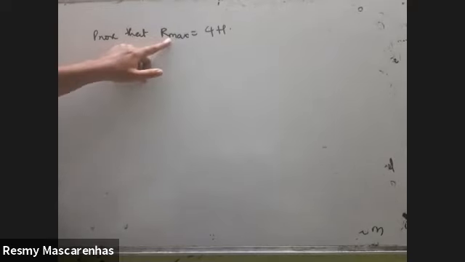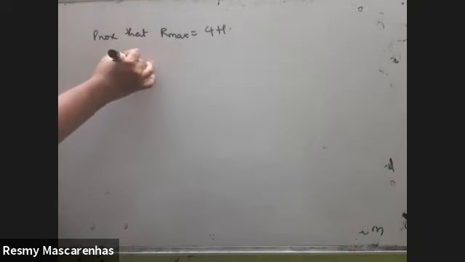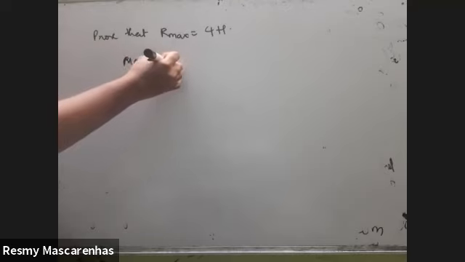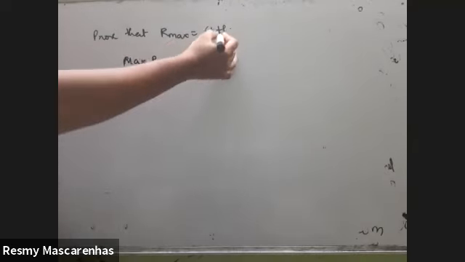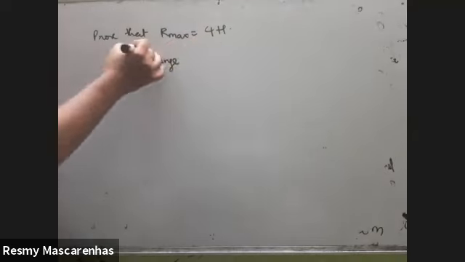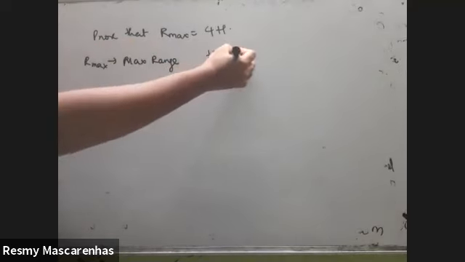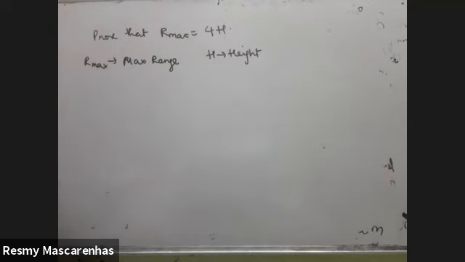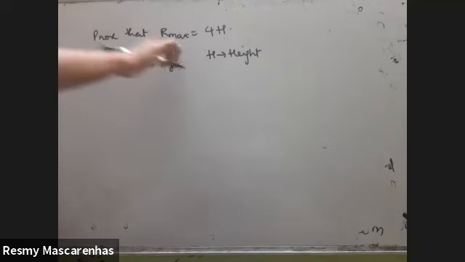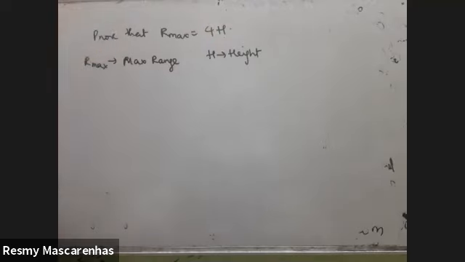Now this is the maximum range, and this is your height. R max means your maximum range, and h means your height. So we have to prove this is 4 times your height.